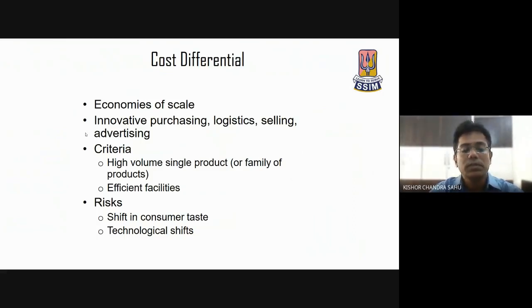And technological shifts are happening very frequently nowadays, so there's a huge risk that your investment to achieve this innovative purchasing, logistics, selling, advertising, etc., can go for a toss.